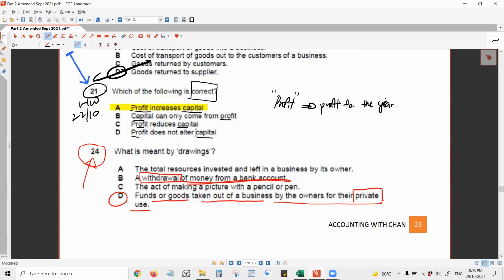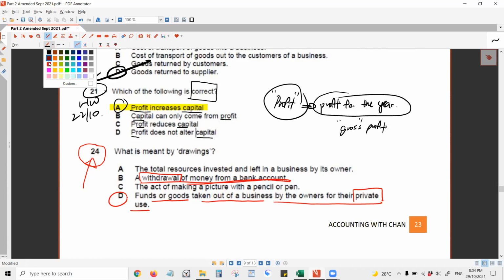For gross profit, you must always have the gross in front. Therefore, the single word profit would never be gross profit. Remember, gross profit and profit for the year, both of them are in the income statement. So answer is A.